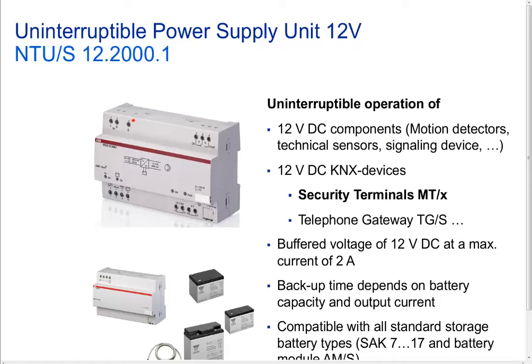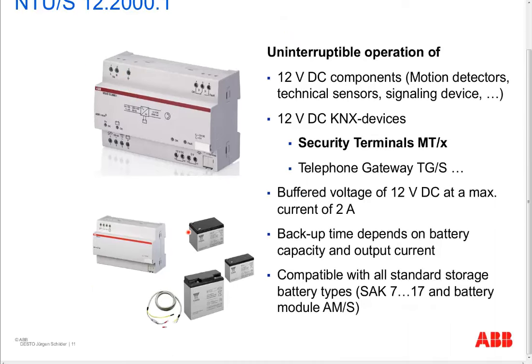Either here we have a DIN rail component to do this job, and also with the option to connect the batteries to have also here an uninterruptible power supply. Practically, you will use the yellow and white wire to link the 12-volt DC power to all the components where it's necessary. So it's a bit additional work, but thanks to our free pair of wires in the bus cable, we can use this for this purpose.